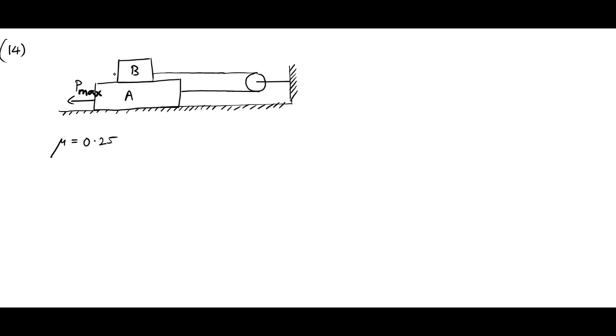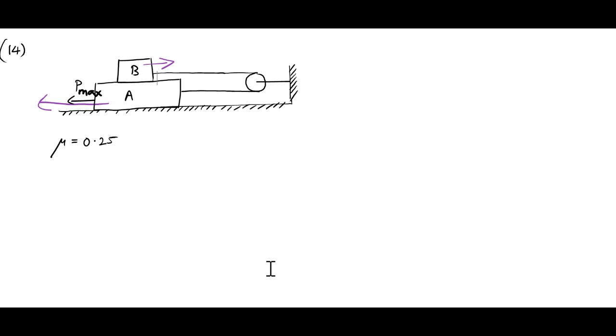It's not actually sliding, but it is on the verge of sliding towards the left, and B is on the verge of sliding with respect to A towards the right. So this is the situation which we have to investigate. It is a situation of static equilibrium, because motion is still not occurring.